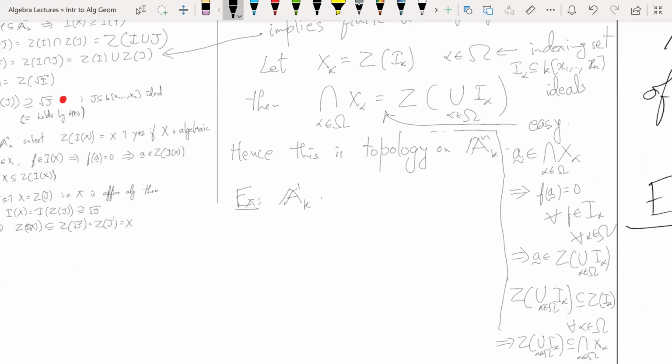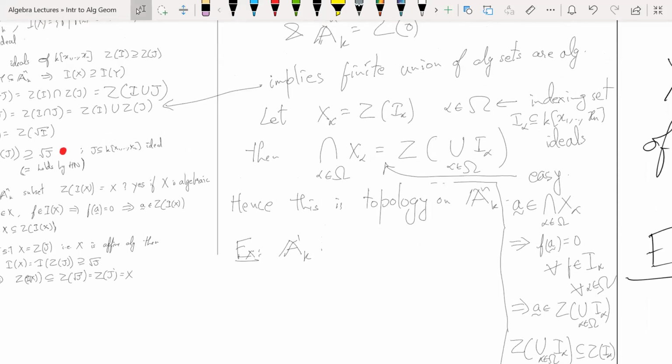So you have this identity, and it's closed under arbitrary intersections. So it is indeed a topology.